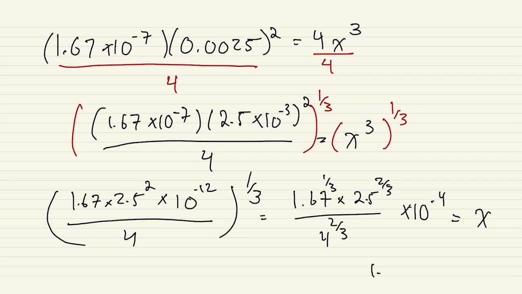I get 1.37 times 10 to the minus 4 equals x. Oh wait, this is going to be 6, not 5. 6 plus 7 should be 13.